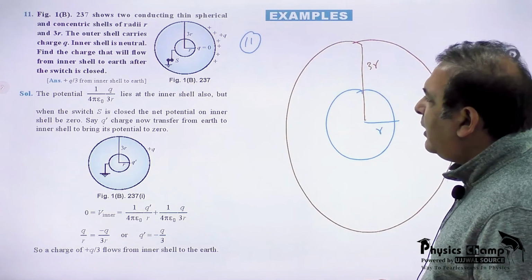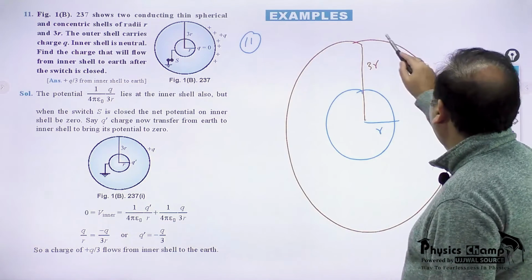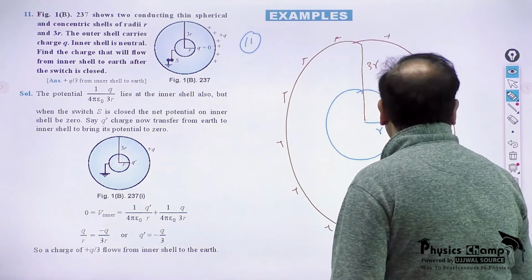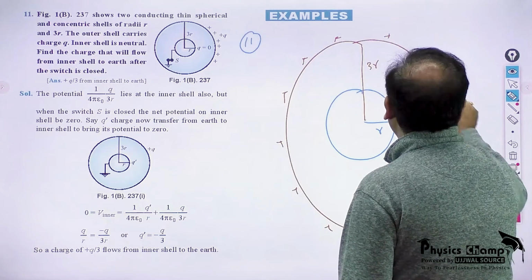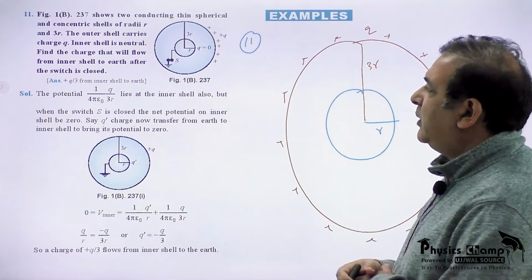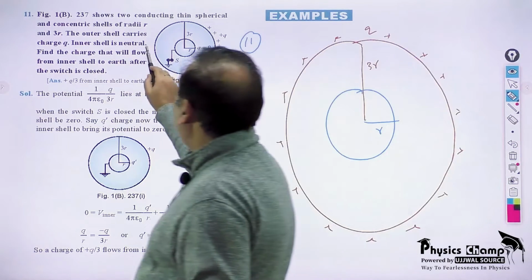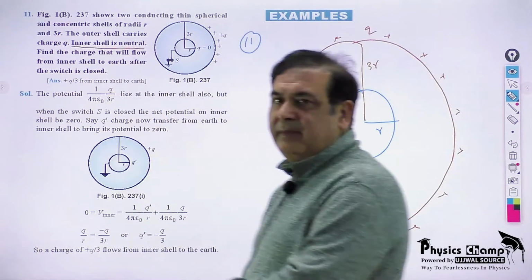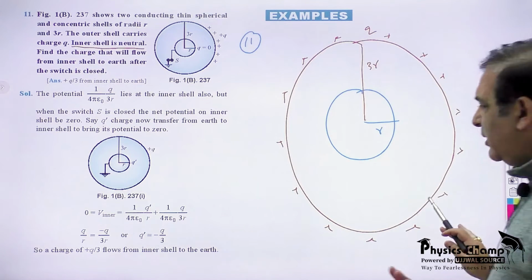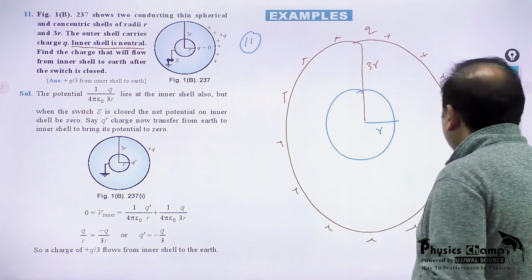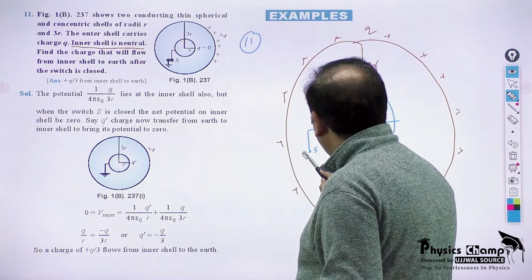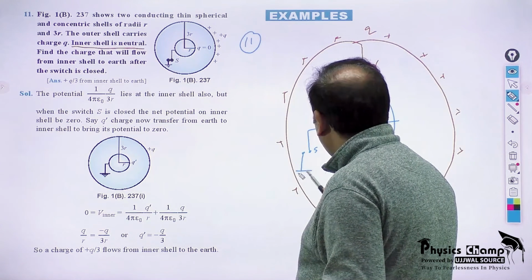The outer shell carries a charge q. The inner shell is neutral, with no charge on it. Here there is earthing, but its switch is open. This is a switch here, and here is the earthing.